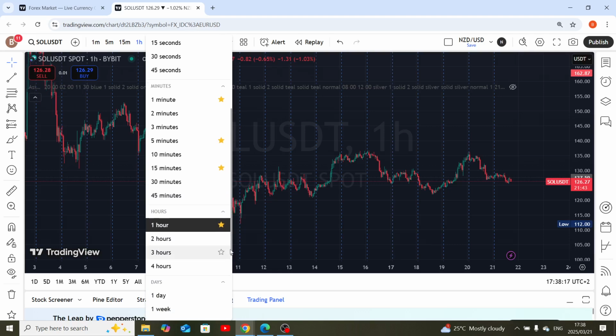We can try a 4-hour time frame and see how institutions take liquidity from us and how they become profitable. A 1-hour time frame shows us daily contracts of institutions, so we can see what happens on Monday's contract, Tuesday, Wednesday, Thursday, Friday, Saturday, and Sunday. So we are able to identify what institutions were doing throughout the entire week.